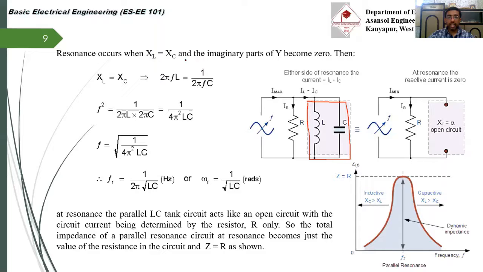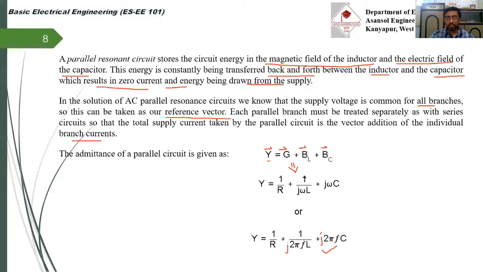Okay, so that's how the imaginary term will be 0 in Y, because see here in the Y equation, if we put 0 for the complex term, then this part will be equal to 0, right?